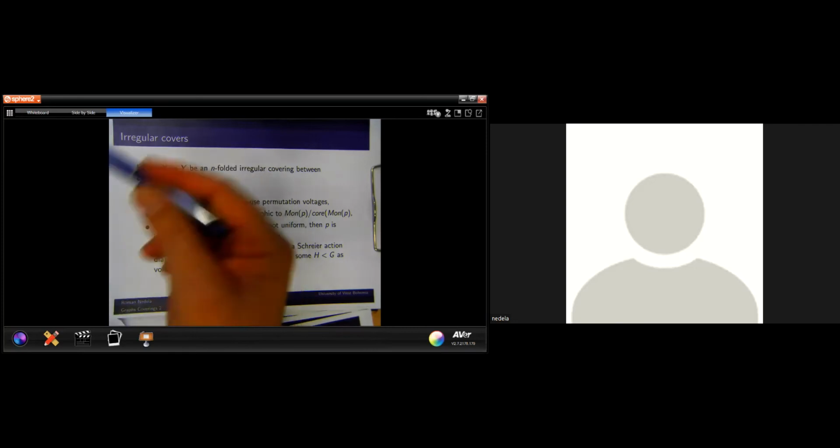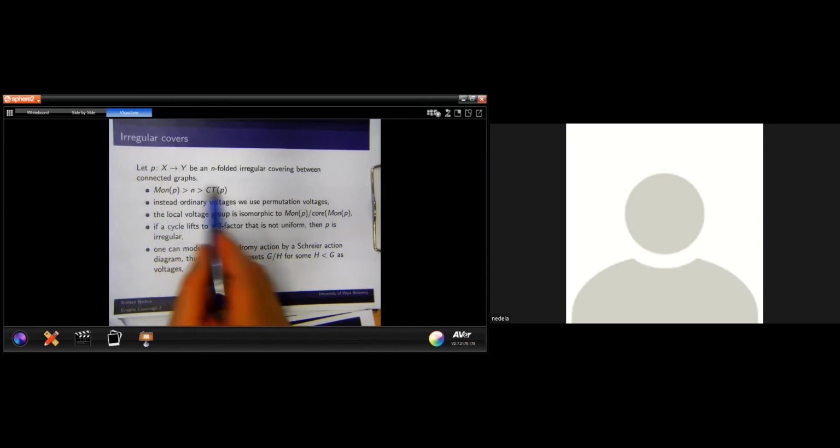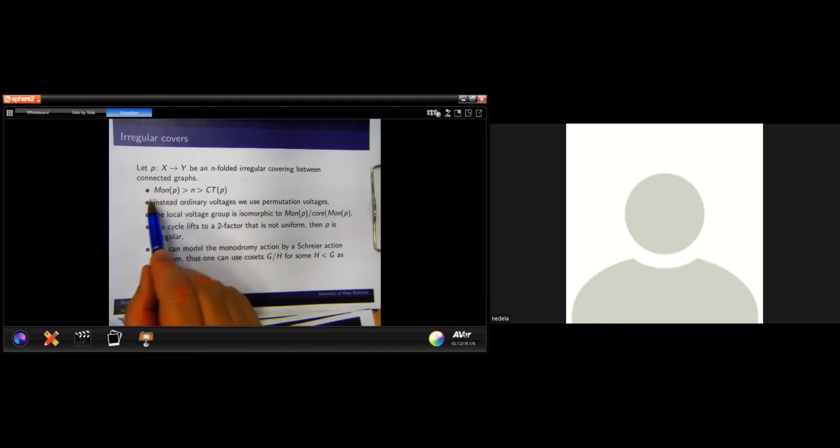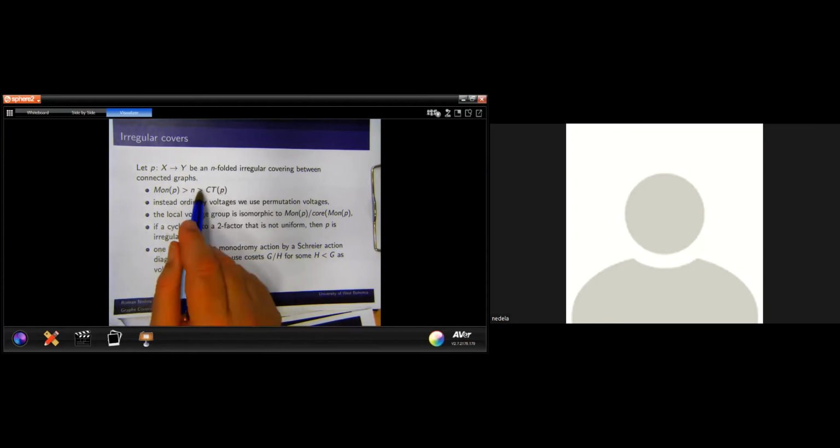Again, there are many equivalent conditions, but for instance, if the covering is irregular, and if X is connected and Y is connected, then the monodromy group is usually much larger than the fold number, and the group of covering transformations no longer acts regularly. It can even be trivial, right? And it is often trivial.